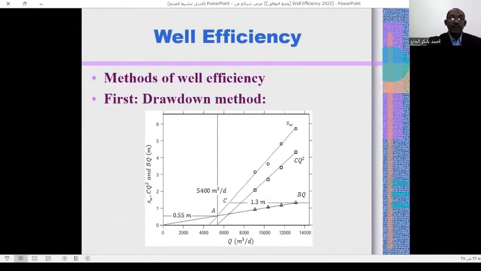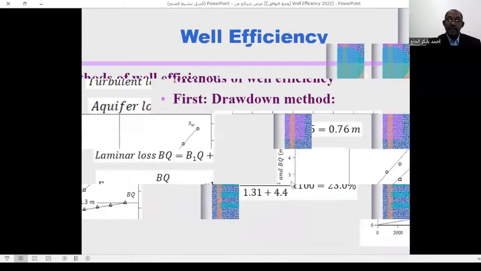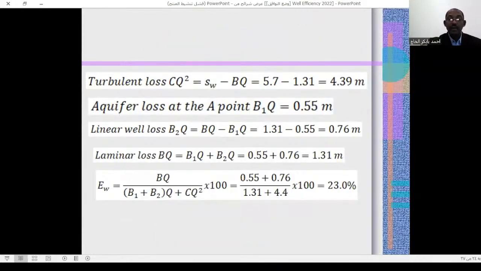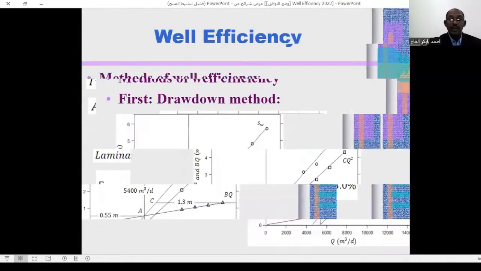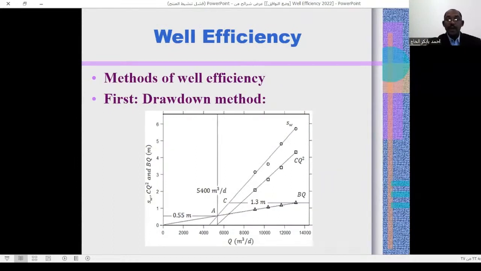New methods: discuss how to control the well efficiency after plotting the well and aquifer data in this diagram.